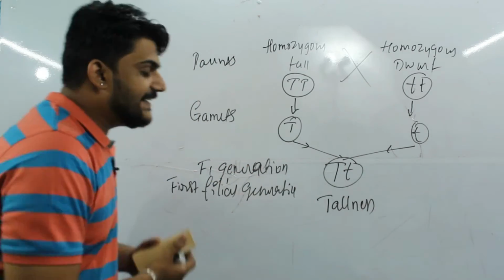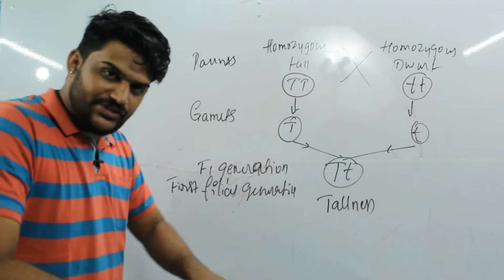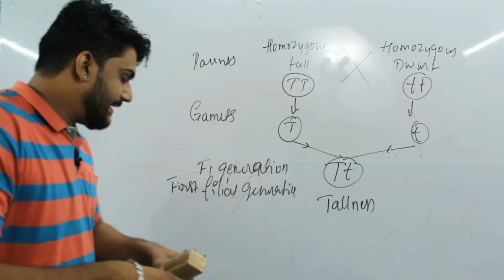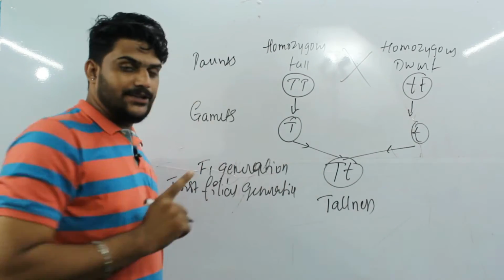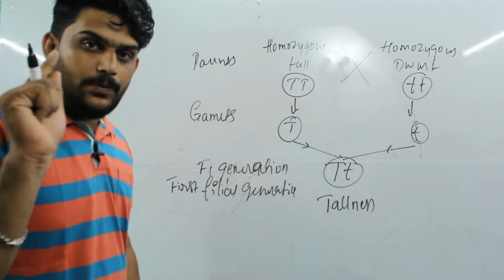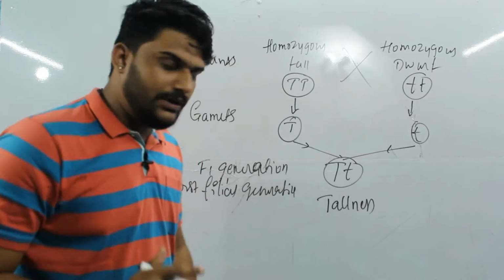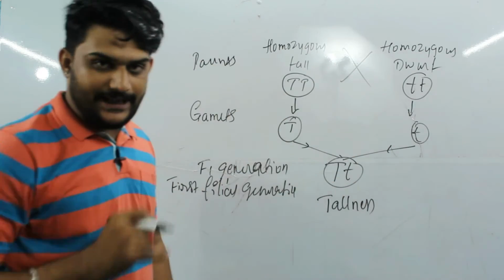Then what he does, he crosses or he inbreds. The same plant, that is the F1 generation, is inbred with the same plant. So then what happens? Here you have to observe one thing. Two different characters have come in a single plant, right?